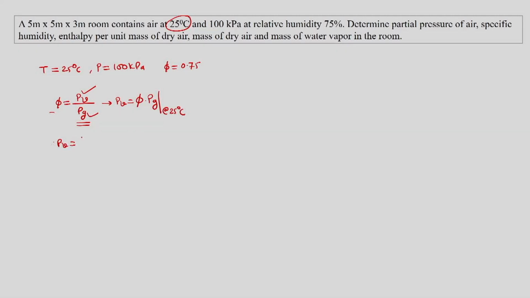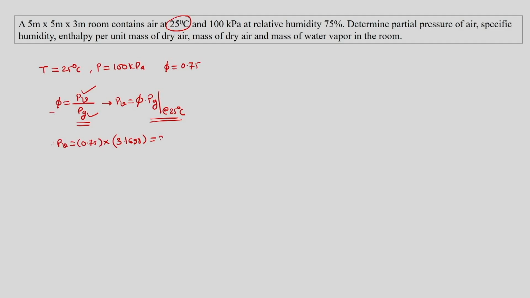So Pv becomes 0.75 into this pressure. Here we are going to make use of the steam table, where temperature is the part at the left hand side, where we identify the saturation temperature 25 degrees Celsius. So for 25 degrees Celsius the pressure is 3.1698 kPa.